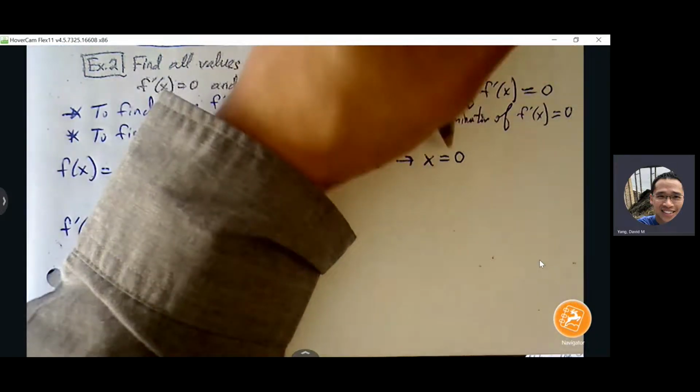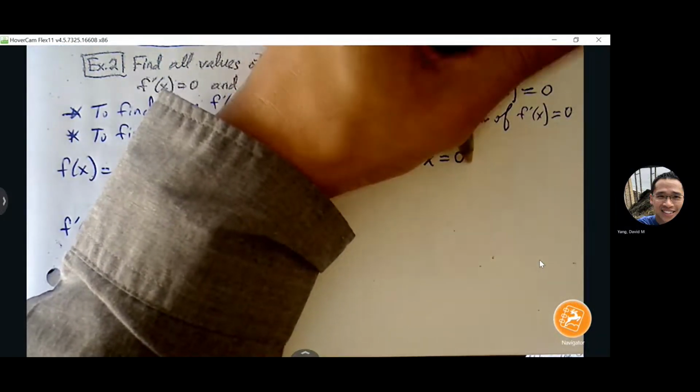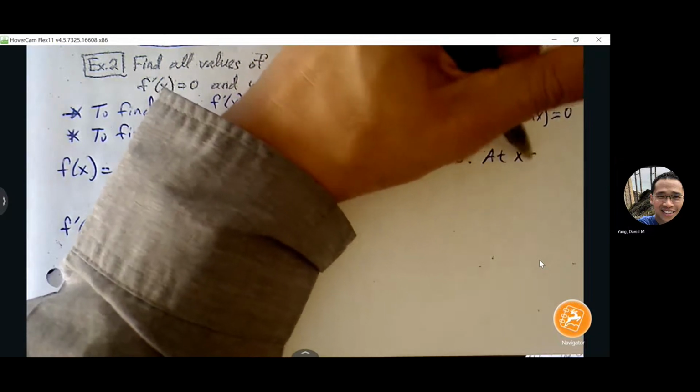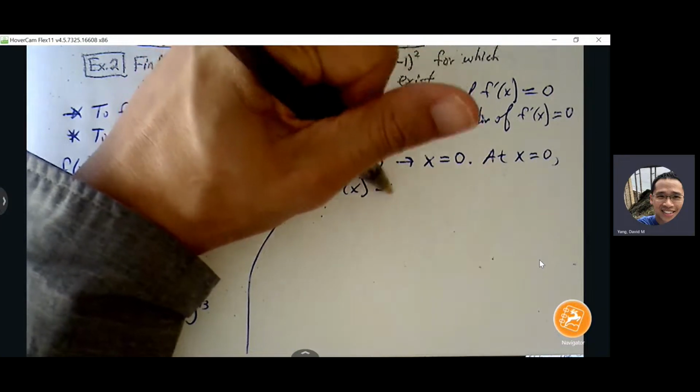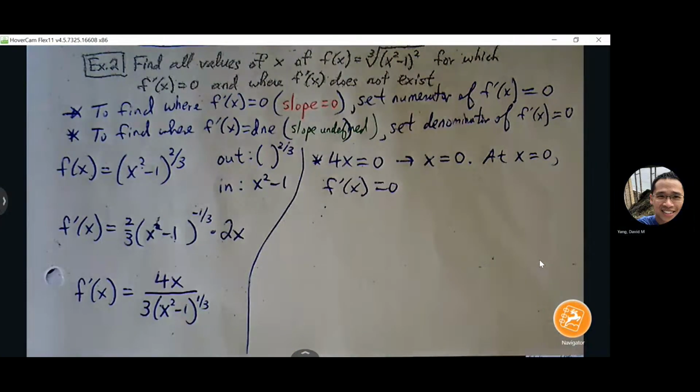So we can say that at x equals 0, f prime of x is equal to 0. So we know that at 0, whatever the graph looks like, it's going to somehow show us a slope of 0, right? It could be a peak, it could be a valley. Slope zero is wherever the graph is leveling off.